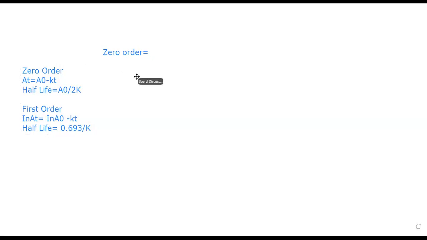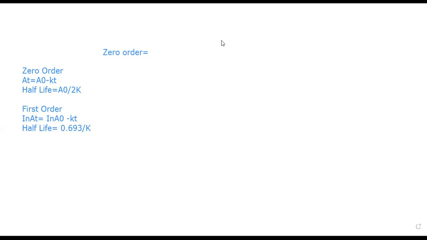We'll say in zero order, for example, it's a drug such as phenytoin. Phenytoin, this is an example.